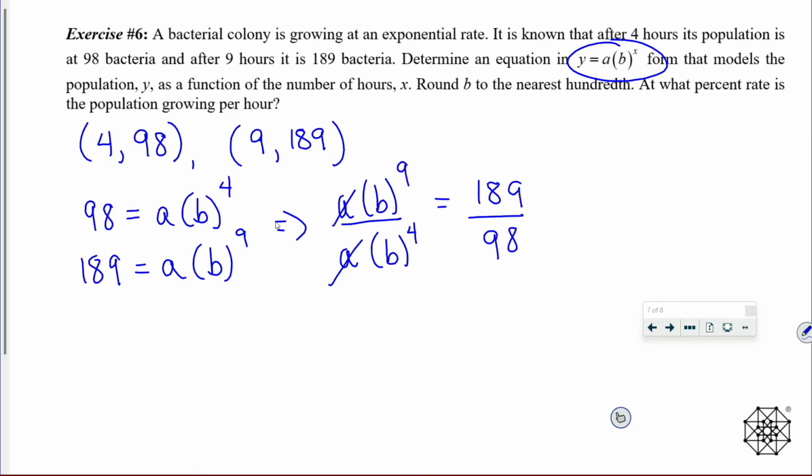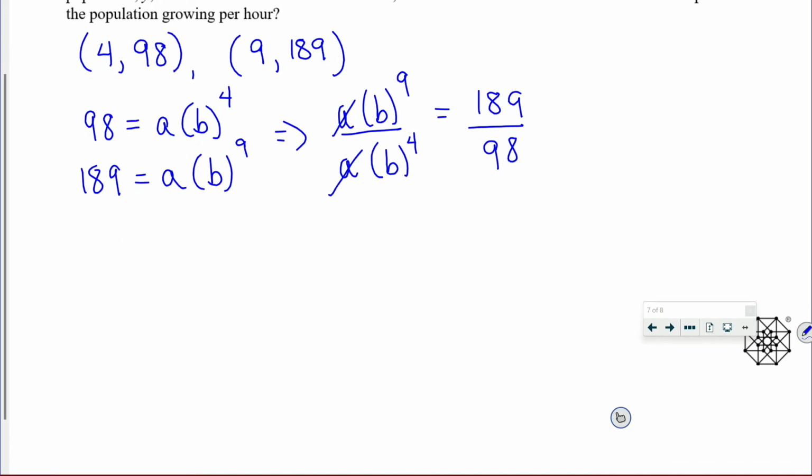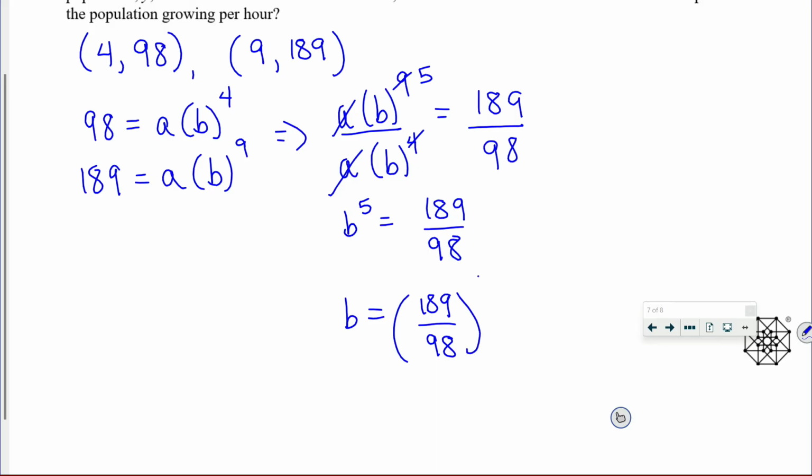This one's a little bit easier, no negative exponents, so I'm just going to do that. I can then cancel that and be left with b to the 5th is equal to 189 divided by 98. So b is going to be 189 divided by 98 to the 1/5.